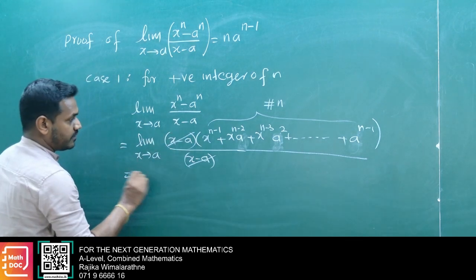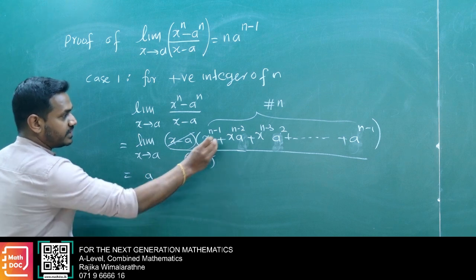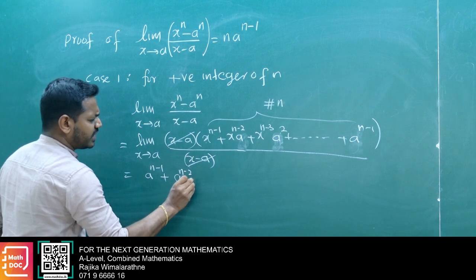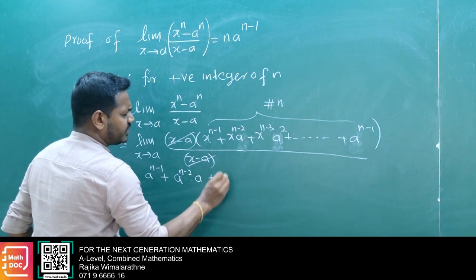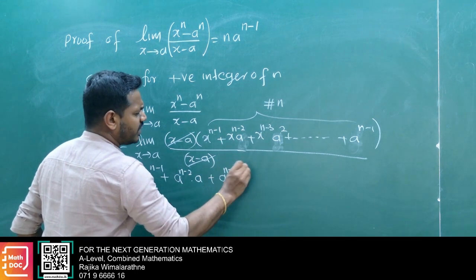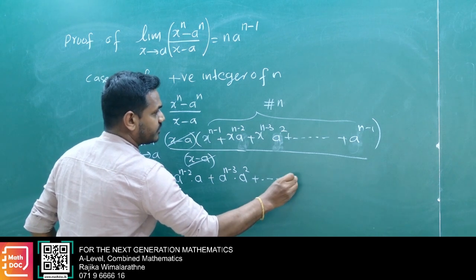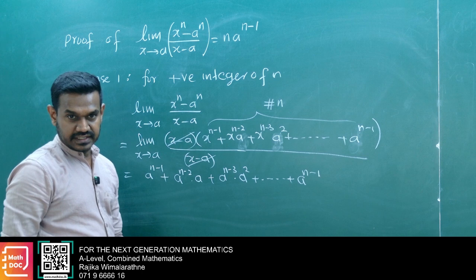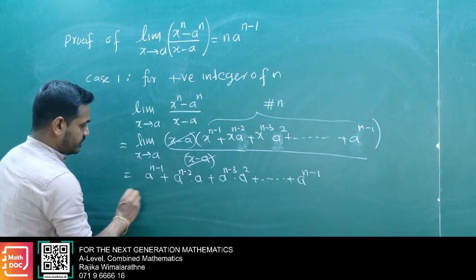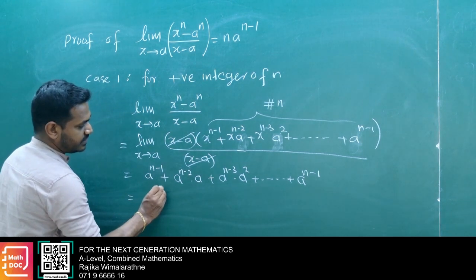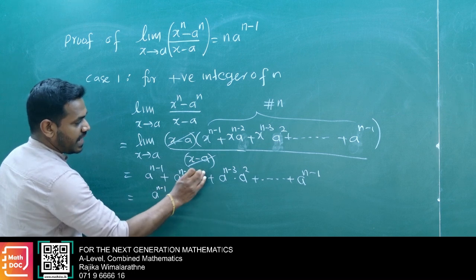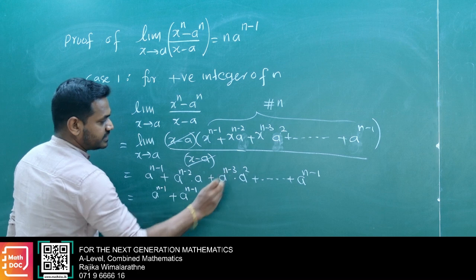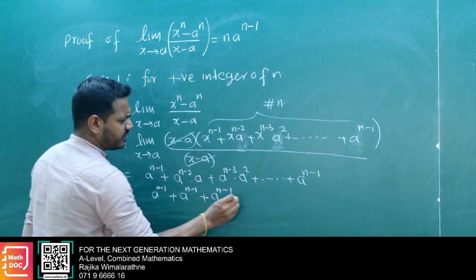Substitute: a to the power n minus 1, a to the power n minus 2 times a, a to the power n minus 3 times a square. It goes like that up to a to the power n minus 1. You have to put at least 3 dots here because it is a series. No? Now when you check, a to the power n minus 1, then adding indices, again a to the power n minus 1, and so on.